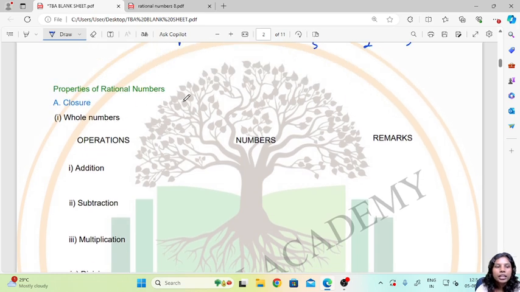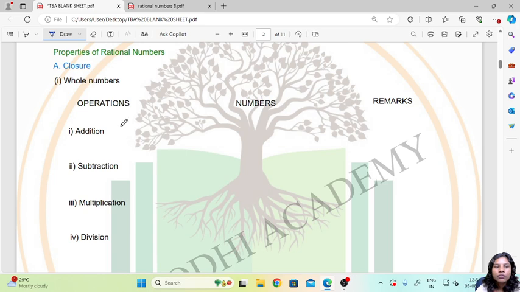To begin with, let's look at the closure property. We will look at this closure property with respect to whole numbers, and we'll see if this closure property is followed by these different operations, that is addition, subtraction, multiplication and division. First we have addition. Say I have 0 plus 5, that will be equal to 5.